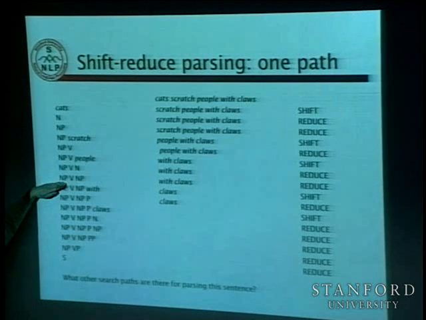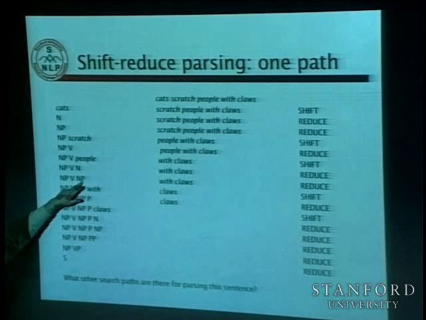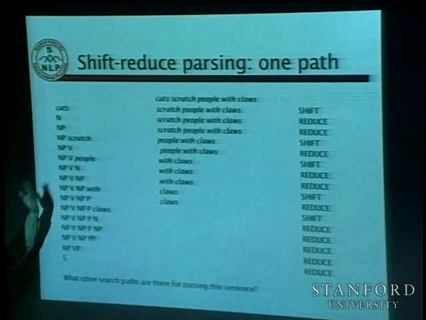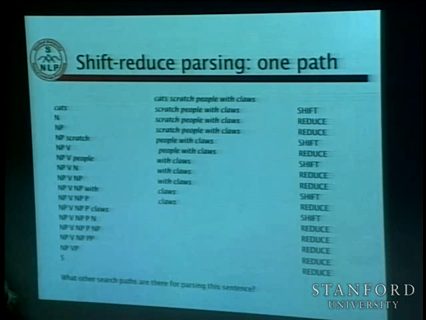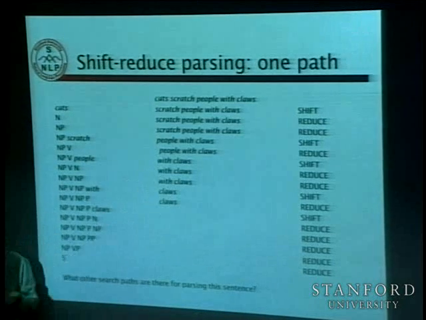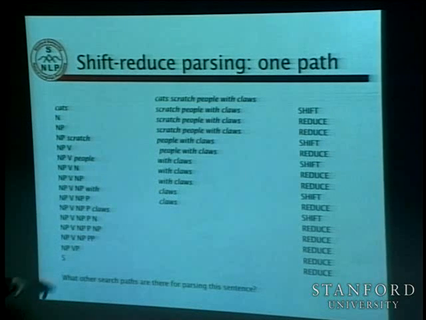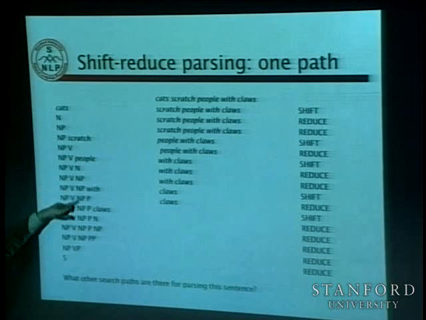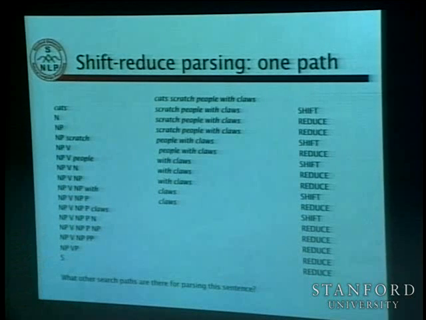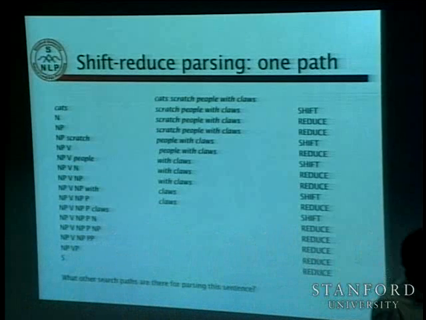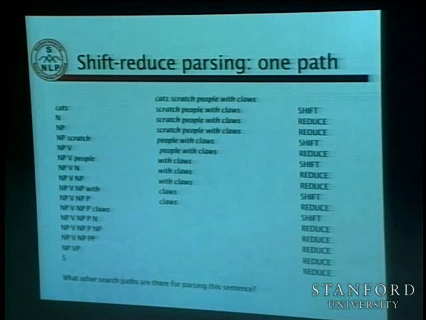At this point I could have kept reducing: V NP is a verb phrase, NP VP is a sentence. Okay, I've reduced to the start category, but the problem with that analysis is that I've left some of the words on the input still there. So the right thing to do is to keep shifting, and you can parse the sentence. Different choices of shifts and reduces then give you the different analyses.